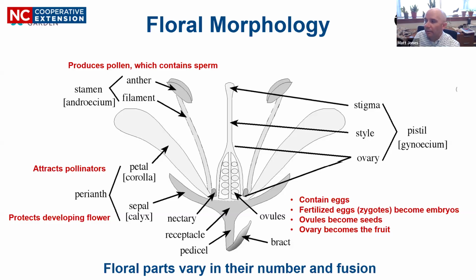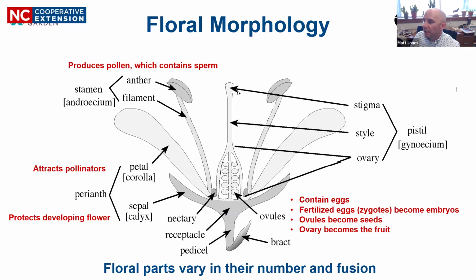So a pistil, depending on how it's structured, might indicate that evolutionarily speaking, it was once several separate pistils that fused together developmentally. But for all intents and purposes, you can think of the pistil as the fundamental, equivalent unit.